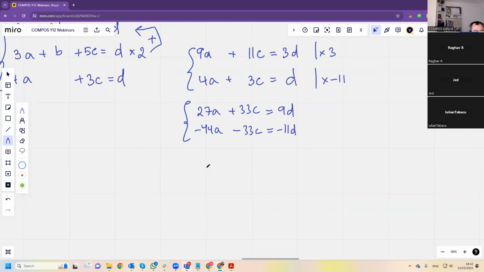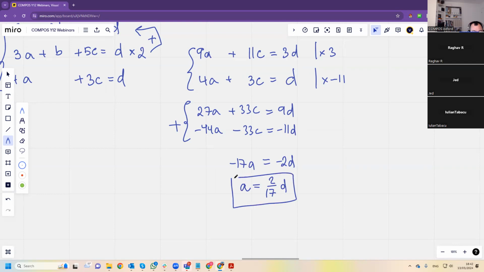Adding them together, I get 44 minus 27, minus 17a is minus 2d, so a is 2/17 of d.